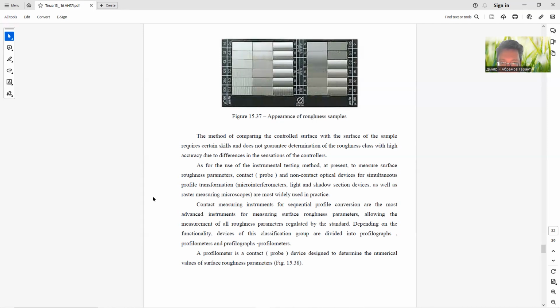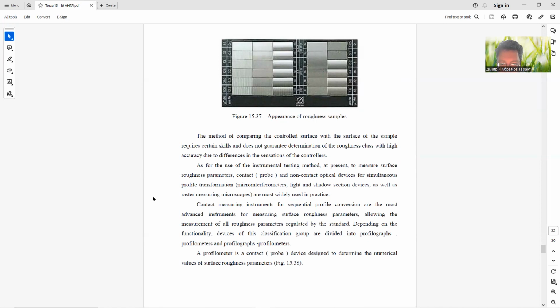As for the instrumental testing method, at present, to measure surface roughness parameters, contact and non-contact optical devices for simultaneous profile transformation, microinterferometers, light and shadow section devices, as well as raster measuring microscopes are most widely used in practice.